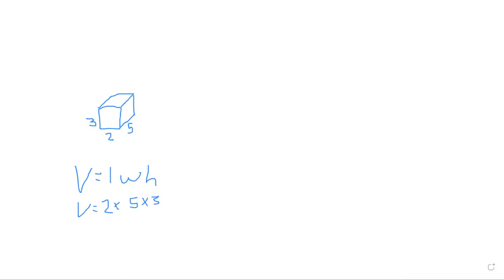So I look at 2 times 5 is 10 times 3, and I end up with 30 units cubed. And most times you'll see whether it's inches or feet, and that'll help you out. And let's also assume that there are no curved lines, that it's all straight.